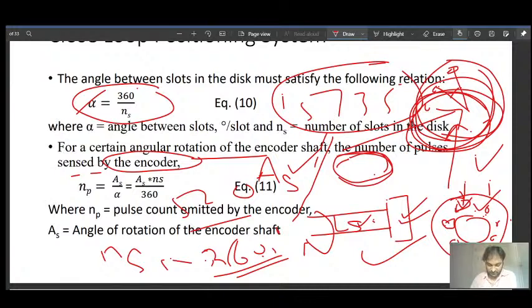But we are counting the number of pulses. In one rotation there are ns pulses, and if the step angle is given as alpha for one step, then the total angular rotation is theta s.